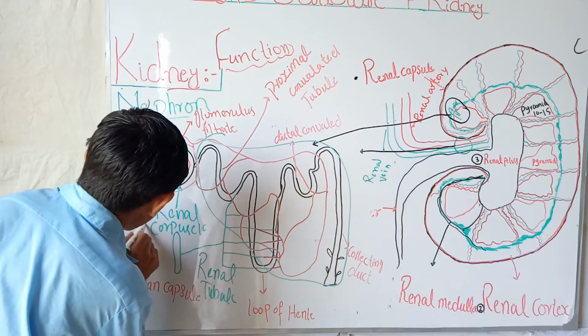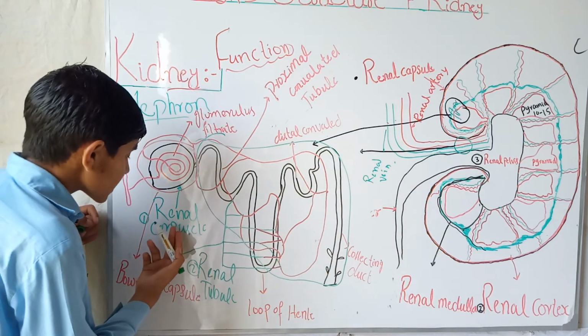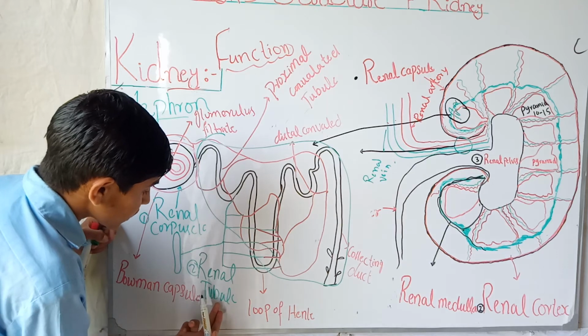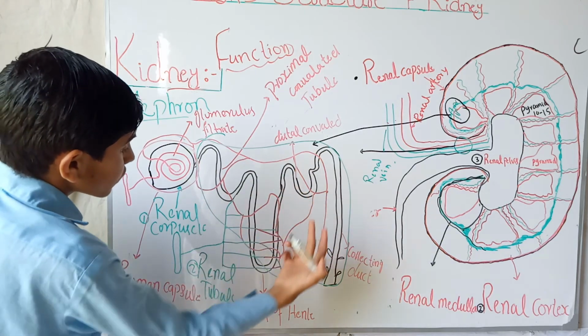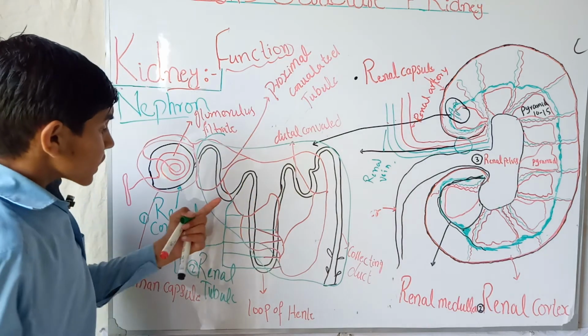So the nephron consists of two main parts. One is the renal corpuscle, which is this circular part, and second is the renal tubule, which is a combination of three parts.